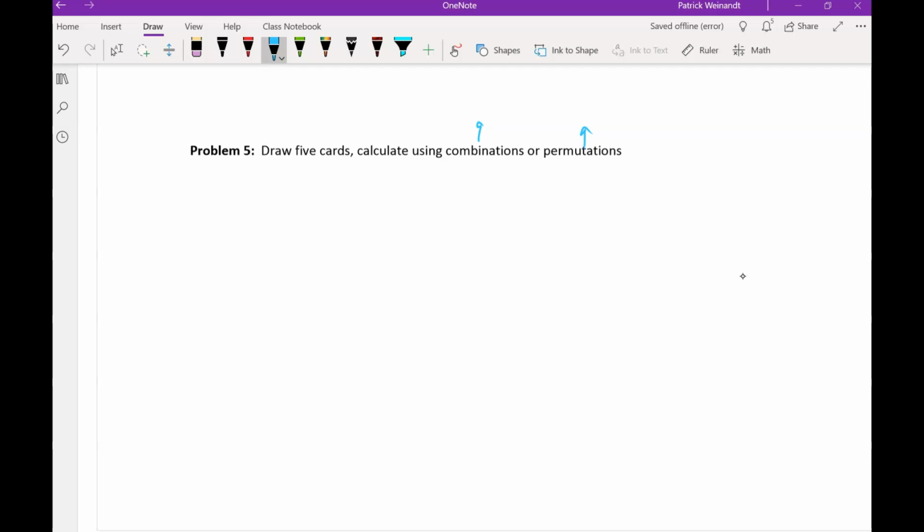Combinations is the total number of ways something can occur if order doesn't matter. Permutations is the total number of ways something can occur if order does matter.